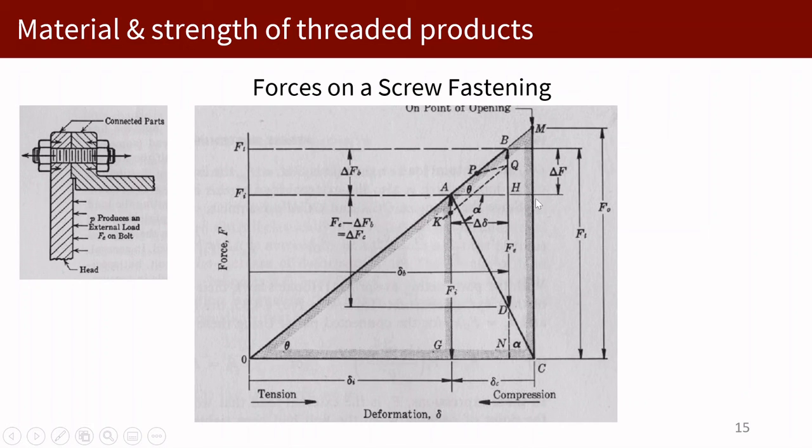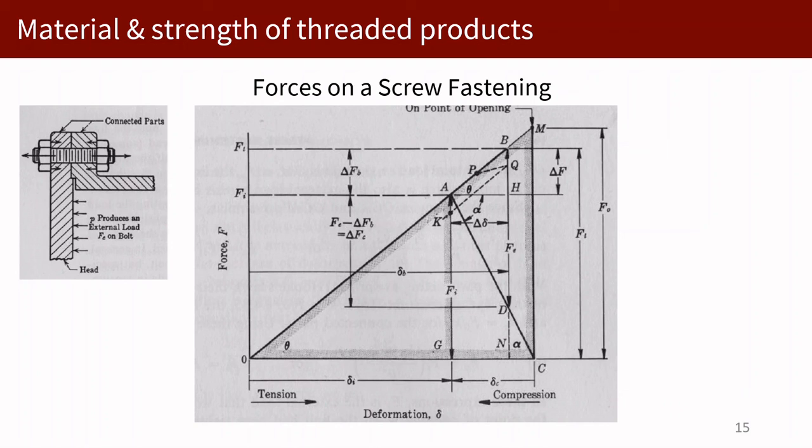And here in the bigger similar triangle, OCM, this is the point of opening, the point where the tensional deformation of the bolt increases, while the compressive one was behaving otherwise.